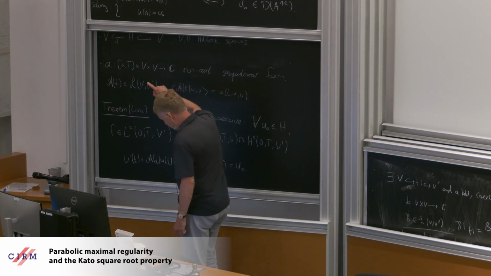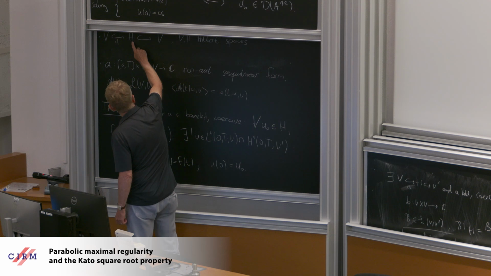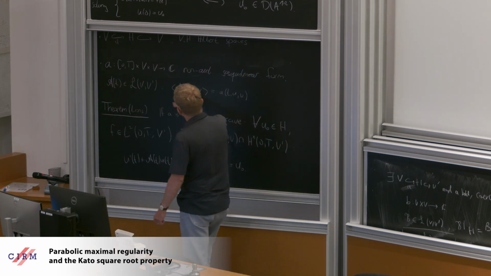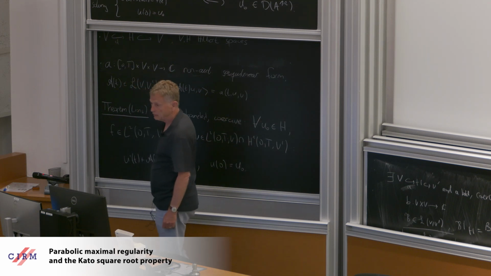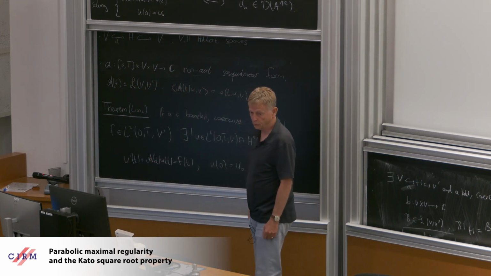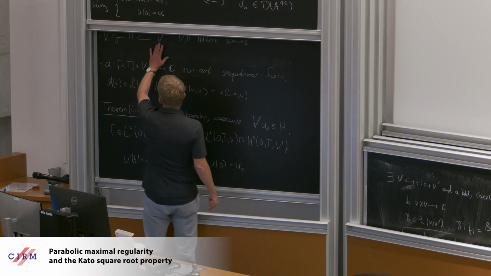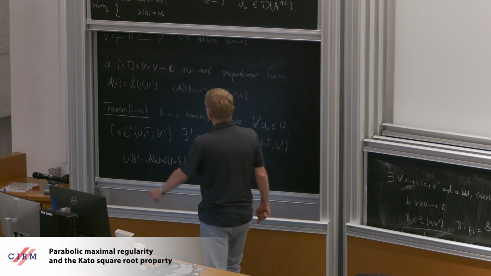We have a Gelfand triple. This space V is injected into H, and then by the usual identification, H is in V prime. So V prime is the biggest space, and the smallest space is V. In applications, V will be a Sobolev space, H will be an L2 space, and this is a dual somehow of V prime.